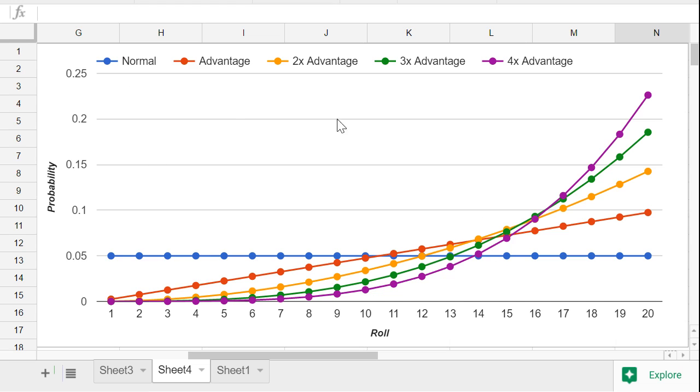This is the graph for advantage, and I've got the standard right here, where it's a flat probability for each of the numbers that you can get. I plotted up to 4 times advantage, and as you can see here, wow, that's actually quite a change. Immediately the chance of getting a 1 is drastically reduced.